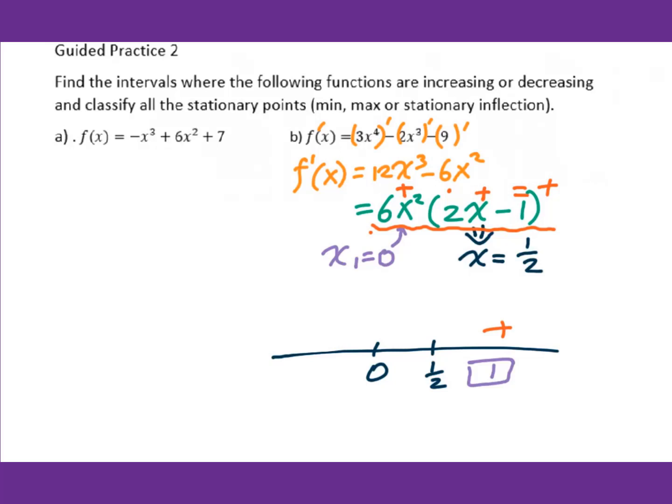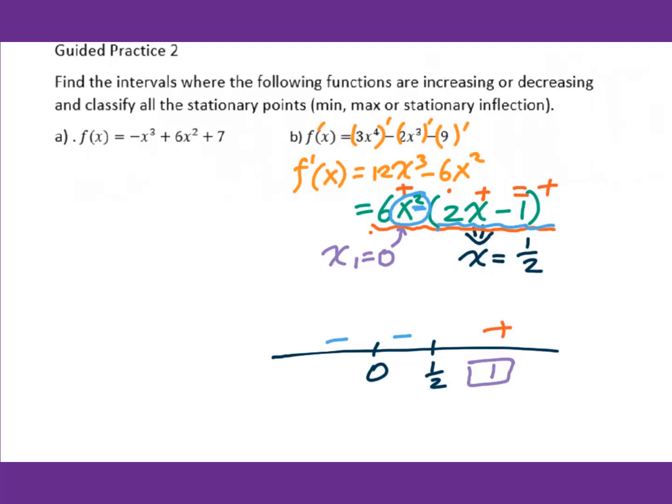Where you get that, the factor will be 2x minus 1. That's a single factor, so we change the sign. This is negative. Then we go to this 0. Where you get this 0, you get from x squared. This is an even power, the sign stays. No sign change.